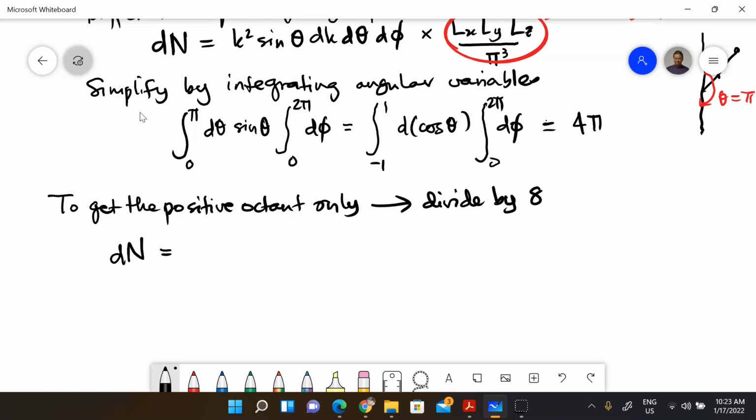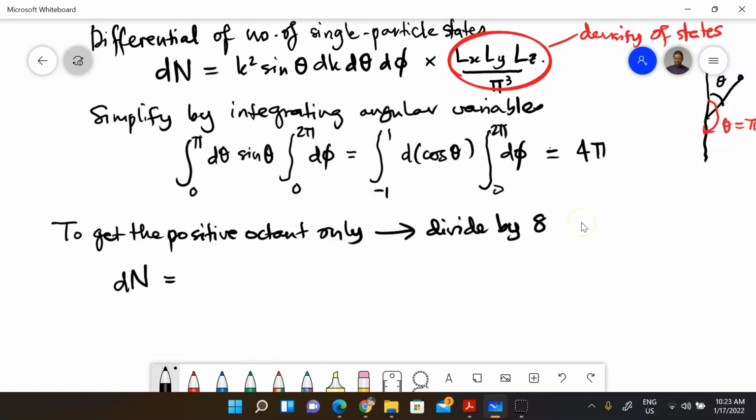Let's remember that this Lx, Ly, Lz is V. So that gives us V, and then 2 pi squared.